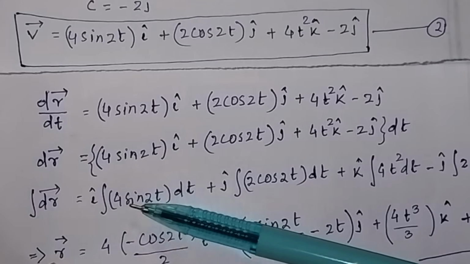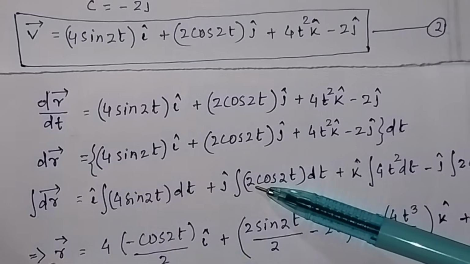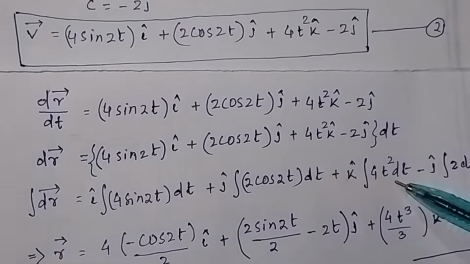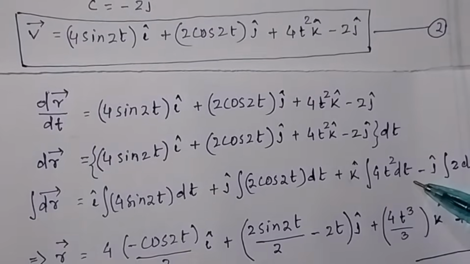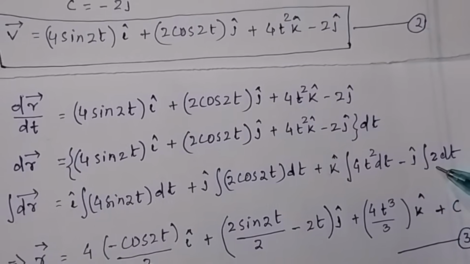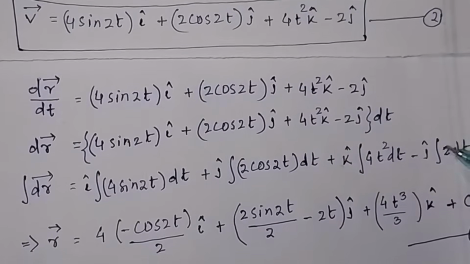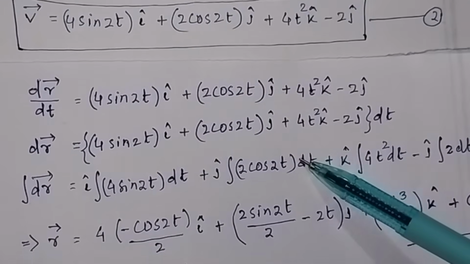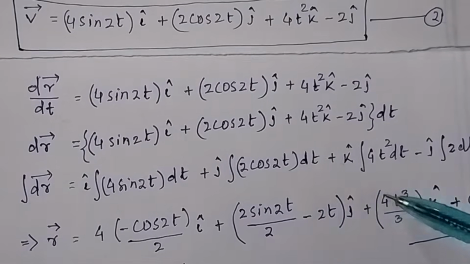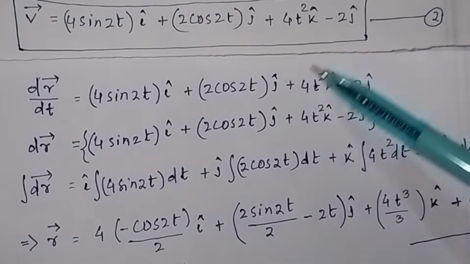So integration of 4 sin 2t dt, similarly j cap integration of 2 cos 2t dt, plus k cap integration of 4t square dt, minus integration of 2 dt. You can either take j cap here and again find the integration, but I have done it as I have shown you in equation 2.